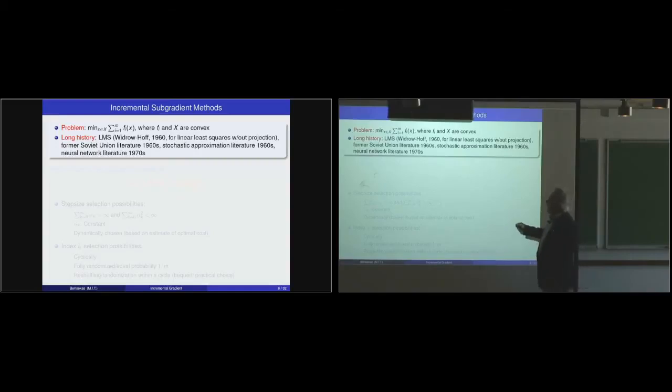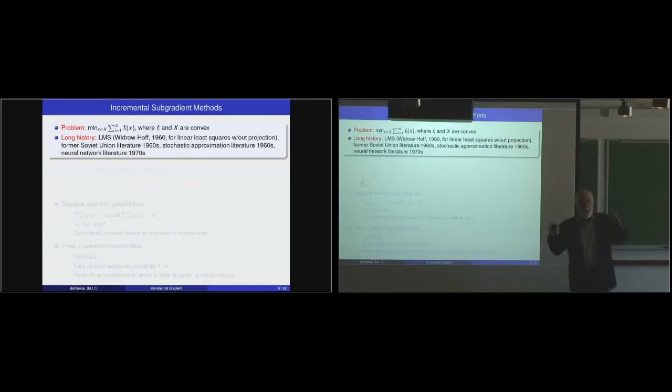Then you can find incremental methods in the Soviet literature from the 60s, particularly in the context of stochastic subgradient methods. Then there is a parallel, to some extent, literature of stochastic approximation that goes back to the 60s, and even before that. Then there's a big explosion of interest in neural networks in the 70s, which use for training incremental methods.